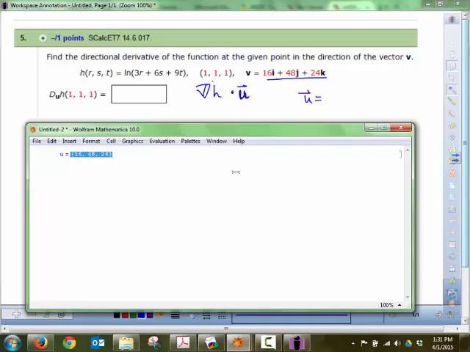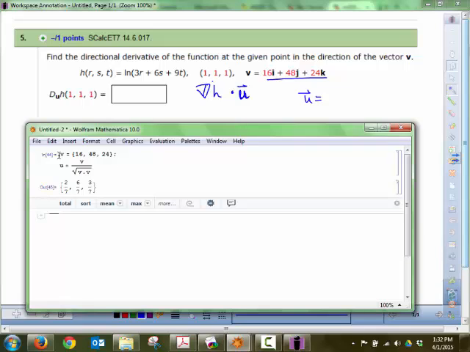Oh, let's just make this equal to v for now. So it's v divided by the magnitude, which is the same thing as a dot product with a square root, right? So that's how I actually compute my magnitudes. So I get 1/7 and then 2/63 for my unit vector.